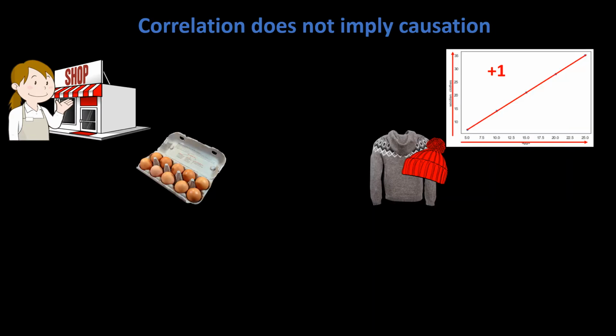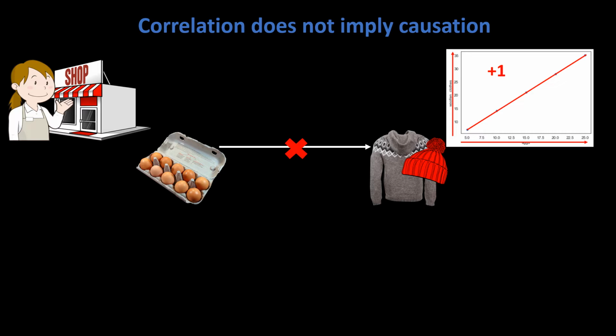Now, does that mean that the increase in sales of eggs is causing the increase in sales of woolen cloths? Is it possible that the people who are buying the eggs will also buy the woolen cloth? No, not necessarily, right? Eggs are not causing the increase or decrease in sales of woolen cloth.